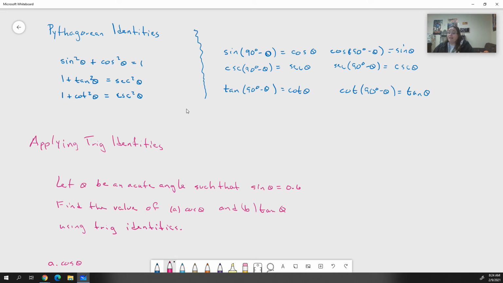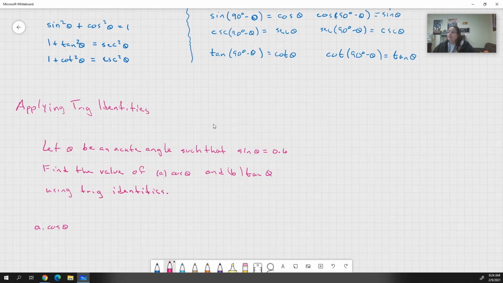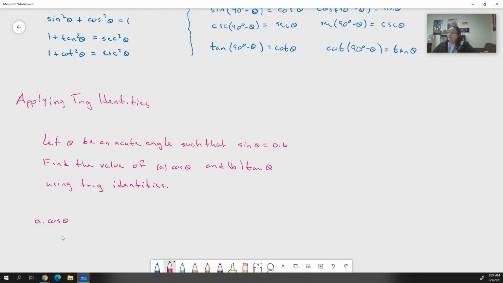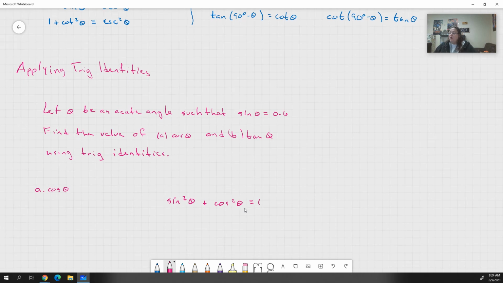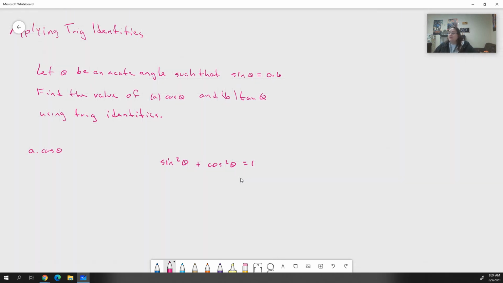I know what sine is, I know that it equals 0.6. So I'm going to use sine squared theta plus cosine squared theta equals 1, and I'm going to use it to find what cosine squared of theta is.